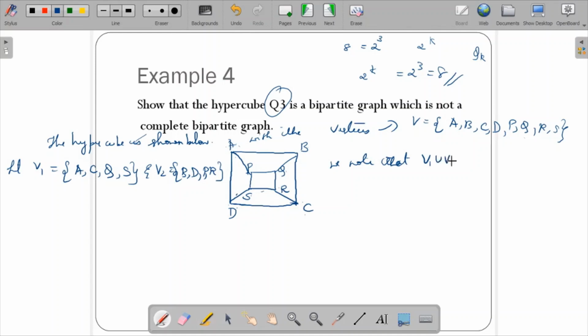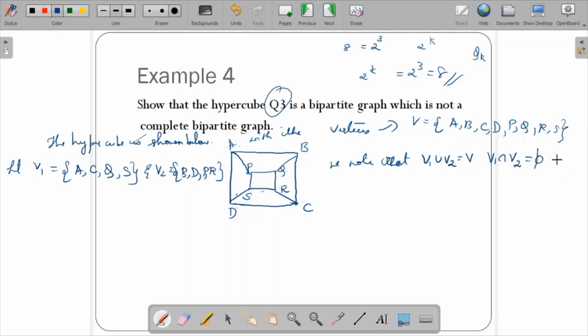We note that V1 union V2 is equal to V, and V1 intersection V2 is equal to null. That means it is a disjoint set.